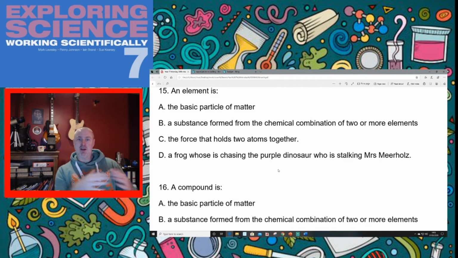And it can't be B, because a combination of two or more elements is a compound. So by elimination, it has to be A, the basic particle of matter. Although I would suggest that an even better definition for A, the basic particle of matter, would be an atom. Our definition of an element being made of just one type of atom is even better than the definition we are given there.